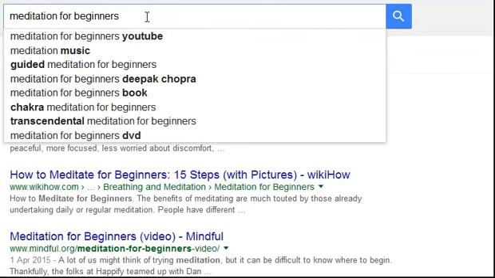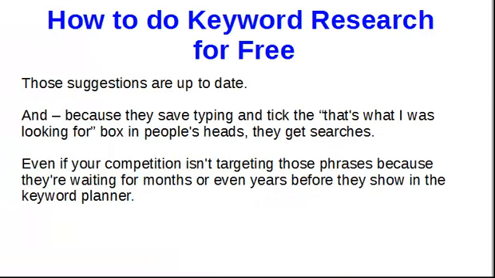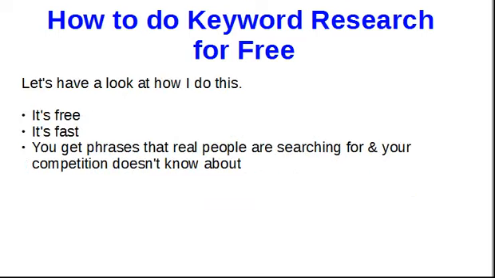That's a phrase I picked up, meditation for beginners, about 2 years before it appeared in the Google keyword tool, and chances are most of those still won't show up in it. So that means you're ahead of your competition, which is always good.